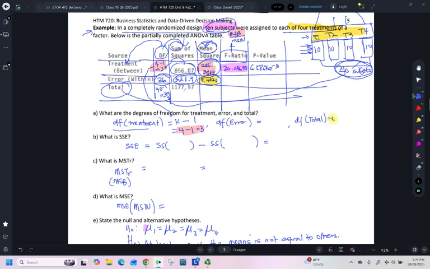The degree of freedom for error always waits until we get the degree of freedom for total. That will be number of observations in total minus 1, and that was 40 minus 1, which is 39. Well, if 3 plus degree of freedom for error will give us 39, that would mean this is 36 from 39 minus 3.